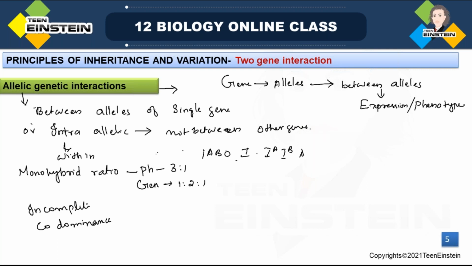These are one gene but different alleles, so within the same gene, different alleles. That is the concept. So in incomplete dominance, a dominant allele is not completely suppressing the other allele. I'll explain.